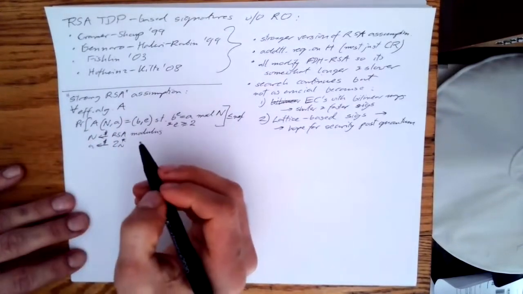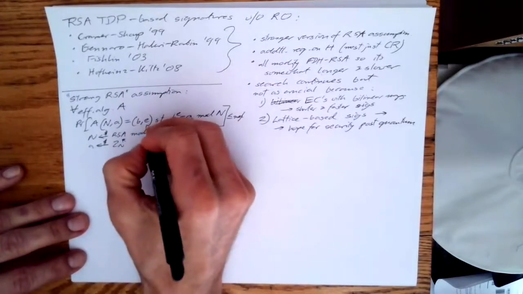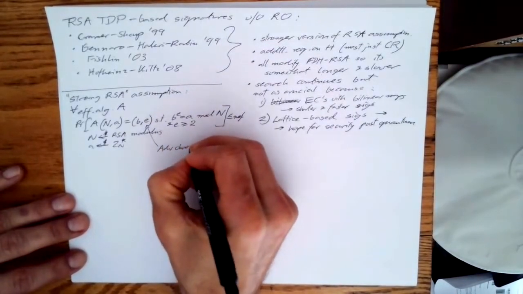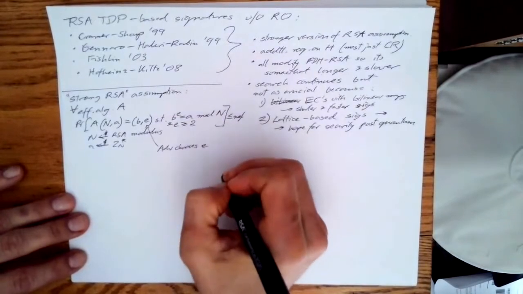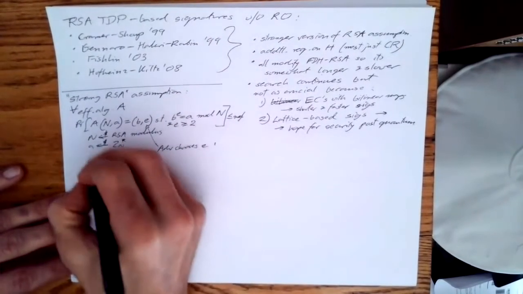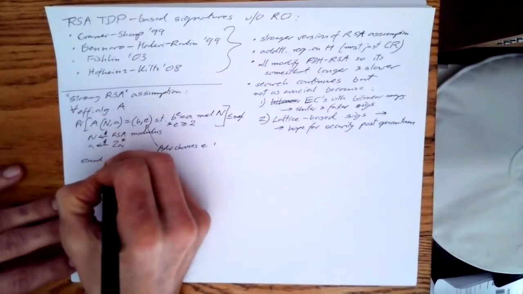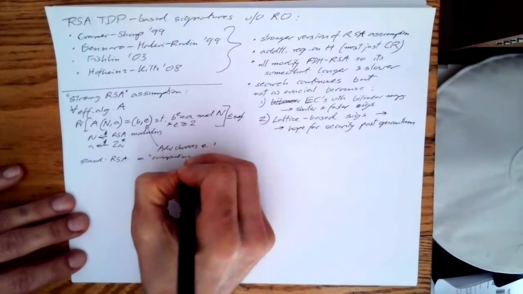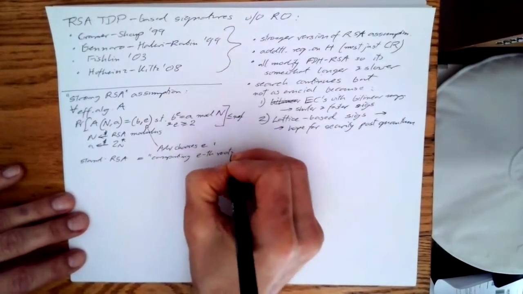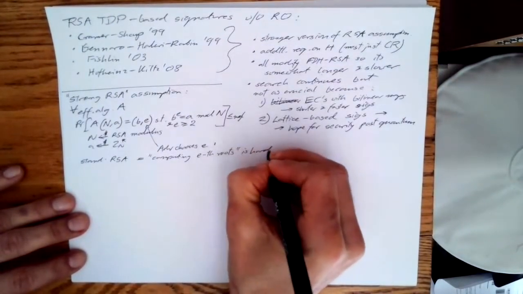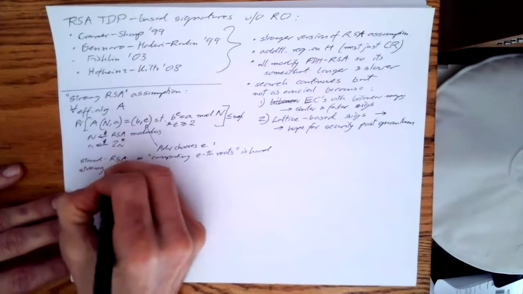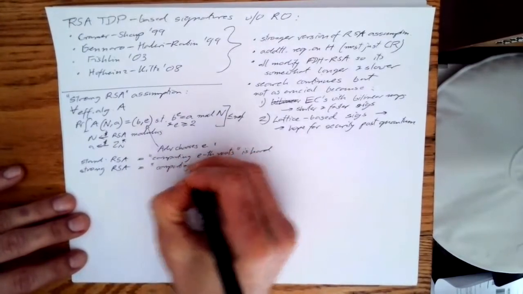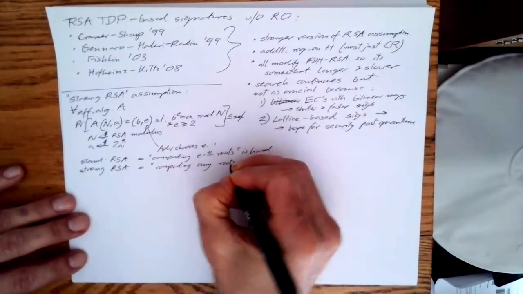Okay, so unlike the standard RSA, the point is right here that the adversary chooses E. So therefore, standard RSA says computing these roots is hard, and strong RSA assumption says that computing any root is hard.